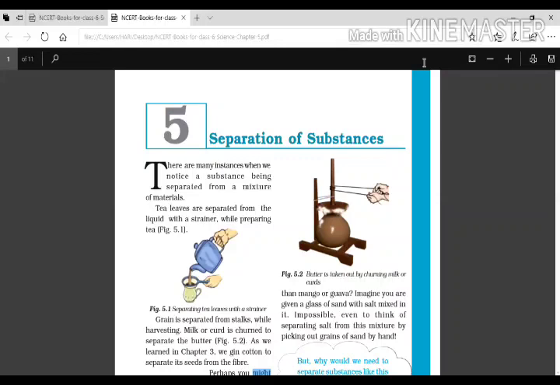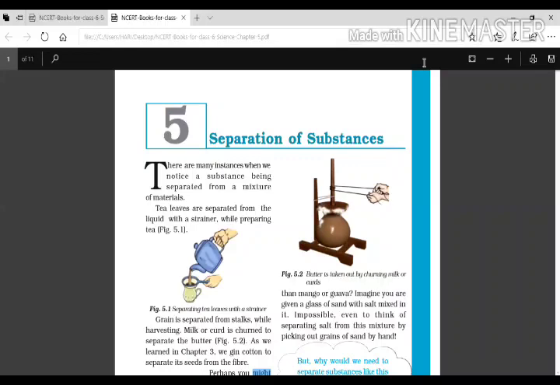Children, you all might have seen your mothers preparing tea. After preparing tea, what does she do? She first allows the tea to pass through a strainer, right? Why? Because she wants to separate the tea leaves before serving it.